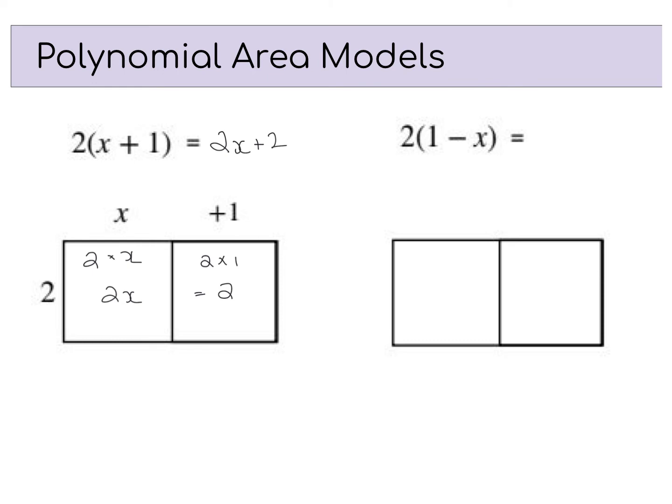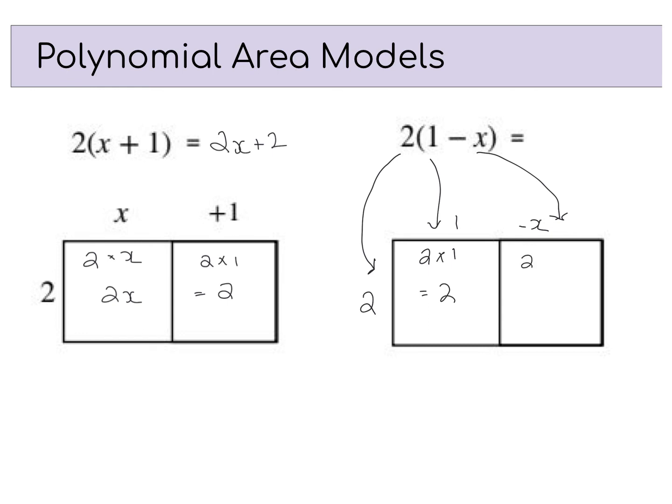Now in the first one that we did, I already had the numbers filled in on the side, so when you're going to do yours, you're going to have to fill out your table. So you're going to put your 2 along this side, and then you're just going to split that term up, those two terms here. So we have 1 and negative x. So we'll go 2 multiplied by 1, which will give us a 2.